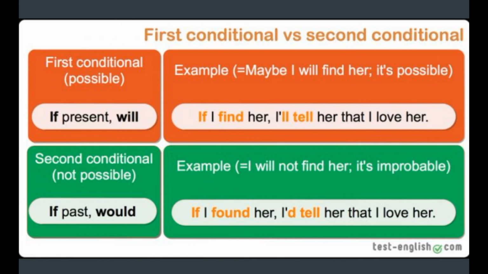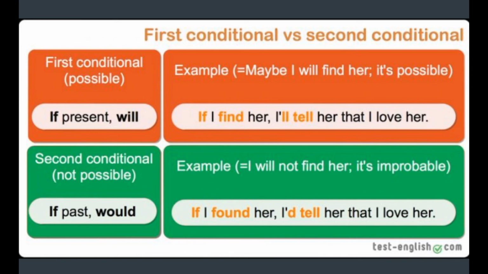The structure is if plus the past tense of the verb, and in the main sentence I use would plus the infinitive of the verb, right? Examples of first conditional and second conditional. Comparing. If I find her, I'll tell her that I love her. Maybe I will find her, it is something possible to happen, right? And the second one, if I found her, I'd tell her that I love her.